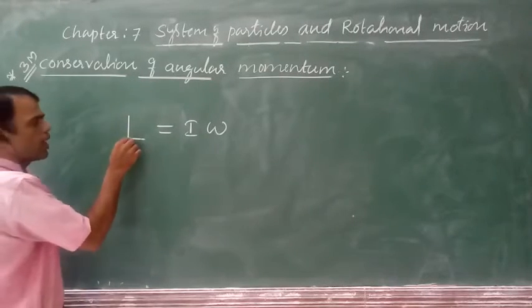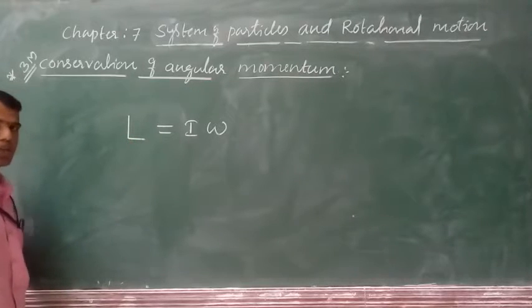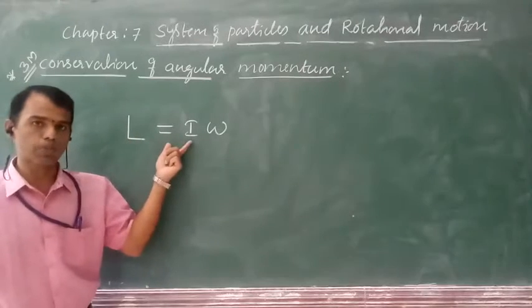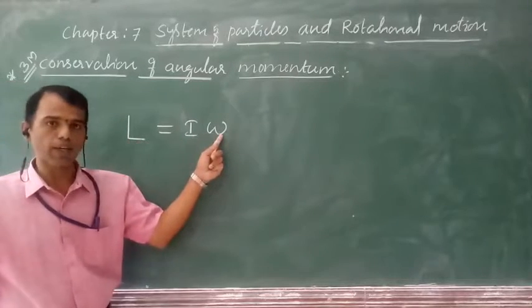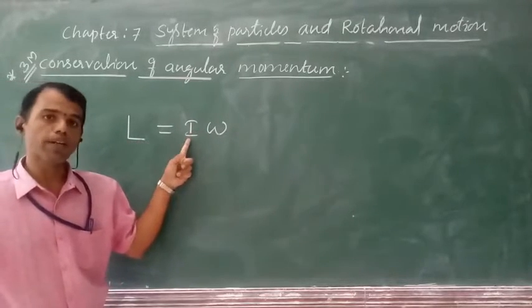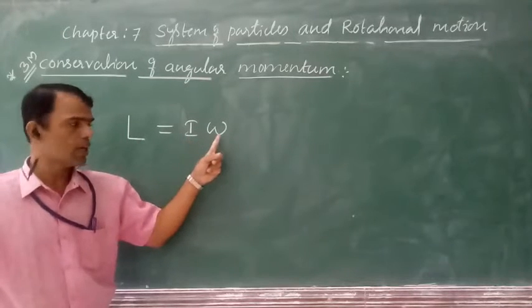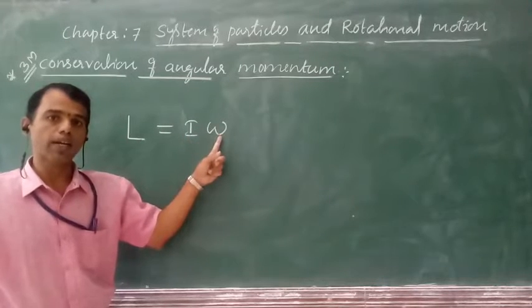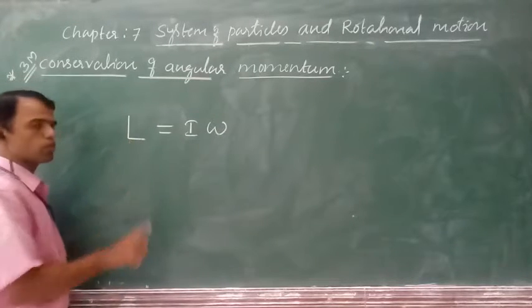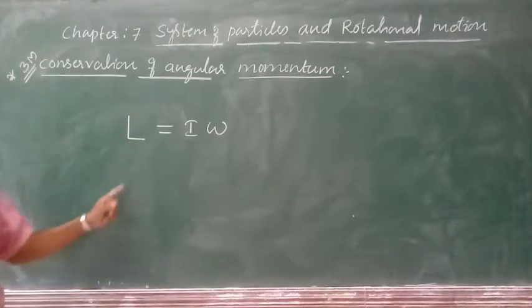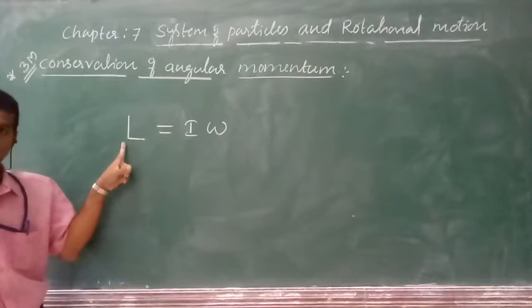So we know that the angular momentum of a rigid body capable of rotating about an axis of rotation is given by L equals I omega, where I stands for the moment of inertia of the rigid body and omega stands for angular velocity. The angular momentum of a rigid body rotating about an axis remains constant.